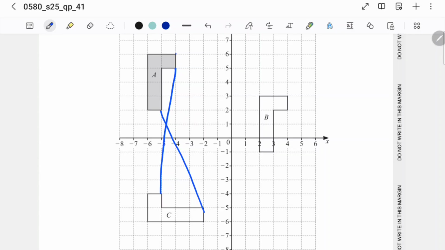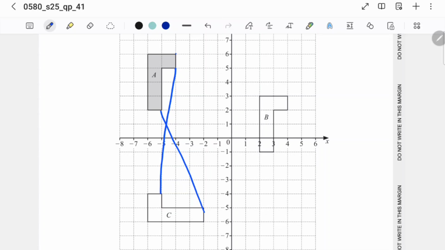So what do we do to find out the center and the angle, and whether it's rotating clockwise or anti-clockwise? We have to join the corresponding points with the help of a ruler, and since the parallel lines are not there, we have to make the perpendicular bisectors.